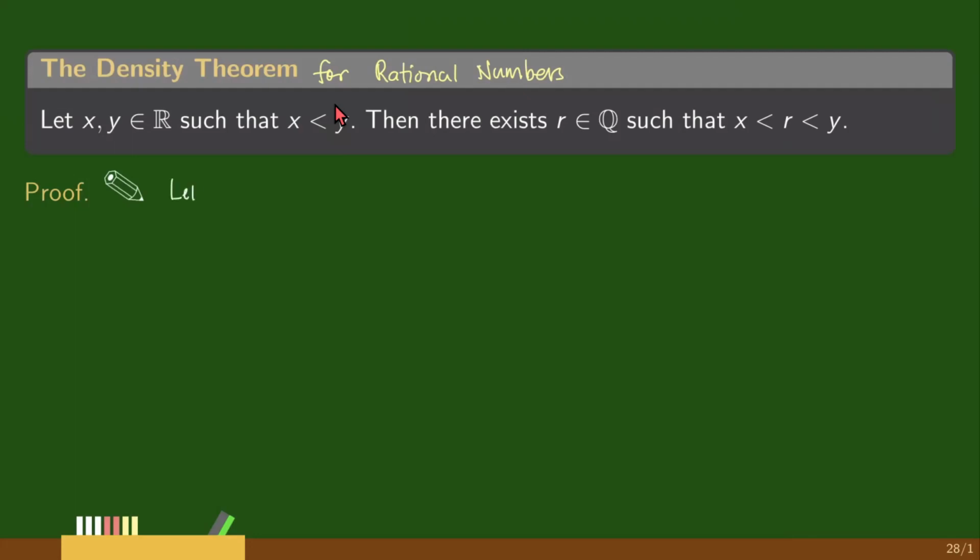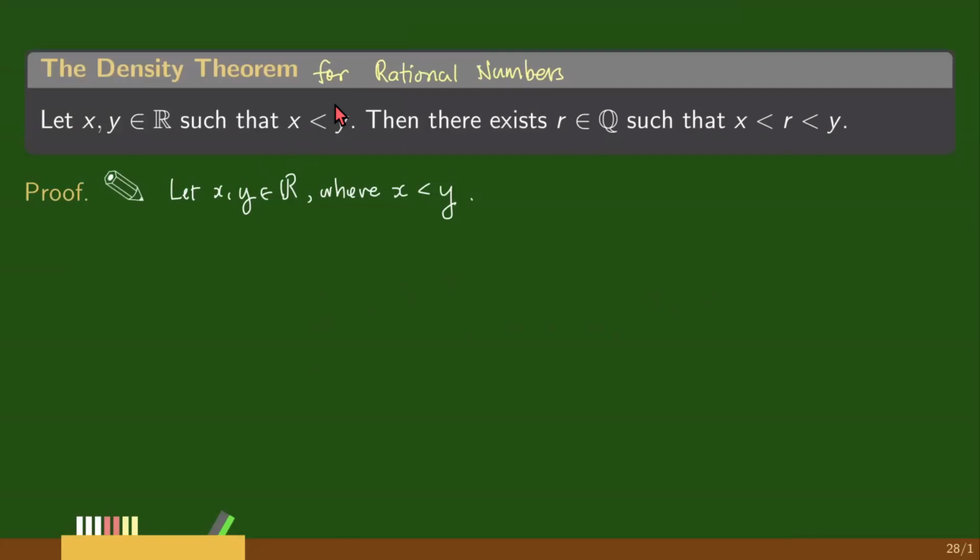So, let x and y be reals where x is less than y. Ang tanong, saan kamay ng Diyos mo kukunin yung rational number na nasa gitna ng x and y? What's the strategy? Okay.